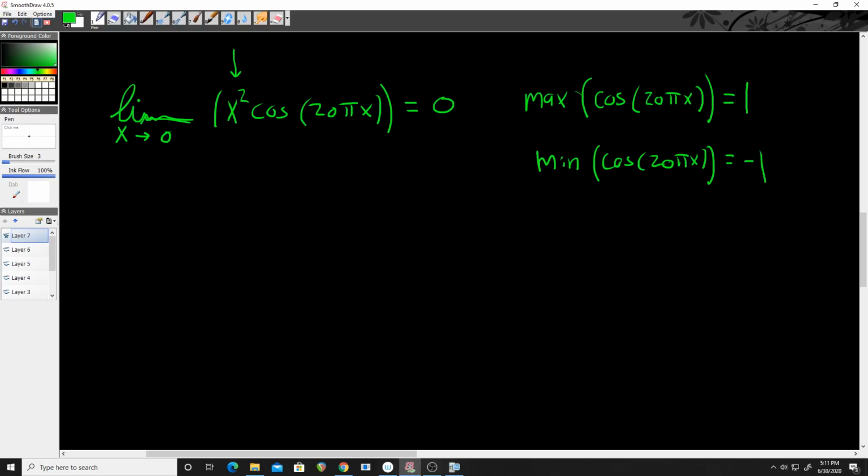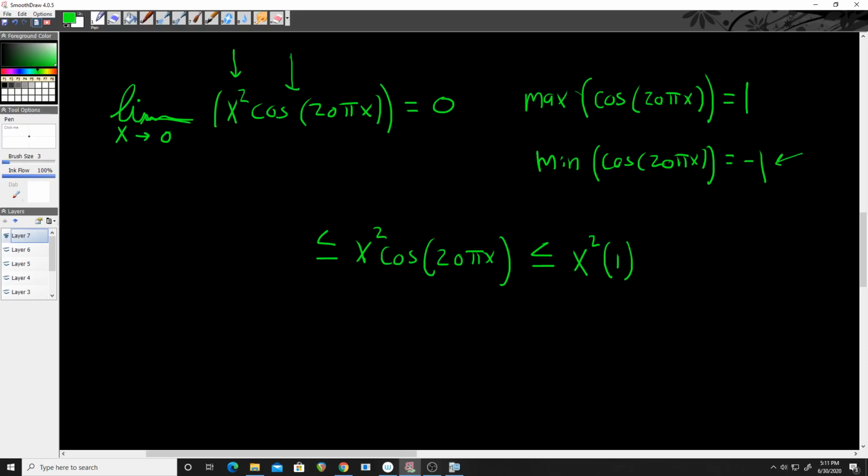So what that means is that our function x squared cosine 20 pi x is less than or equal to x squared times the maximum here, which is 1. And it's also going to be greater than x squared times the minimum here, which is negative 1.